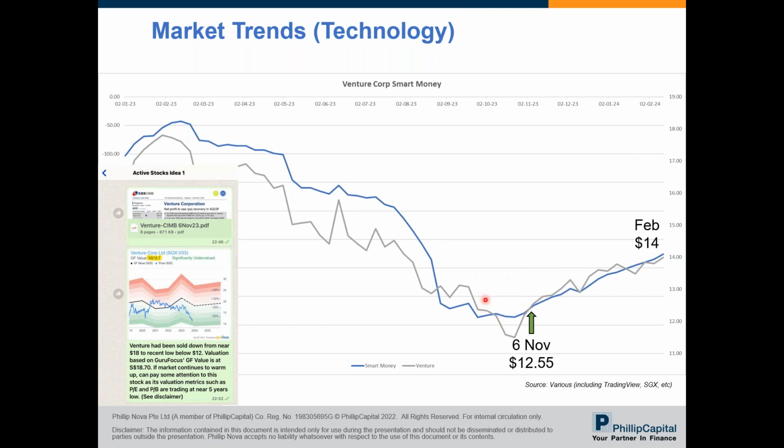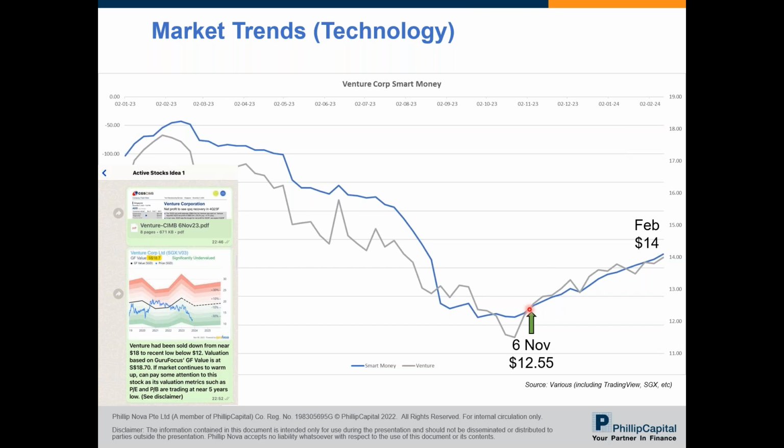So based on that investment idea, I come here to select the stocks listed on the Singapore Stock Exchange to look out for a trading opportunity. Thus, when I saw this signal by the smart money on Venture, I alerted my client as well as bought some stock for myself.